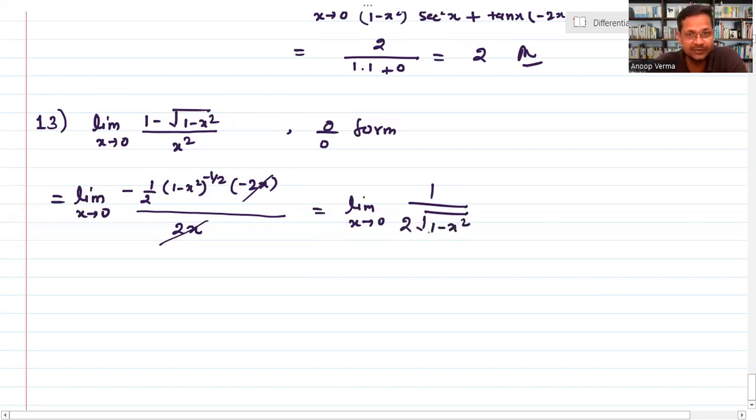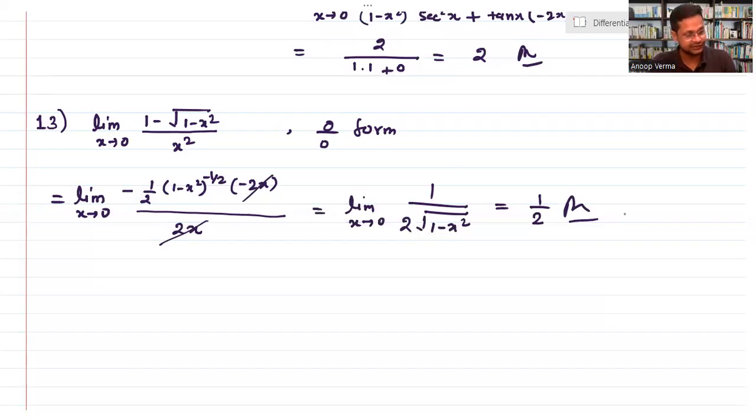Now you can apply the limit, so you simply get this is 1 upon 2 root 1, it means 1 upon 2. So limit of this function is 1/2. So question number 13 का जो आंसर है that is your 1/2. Okay.